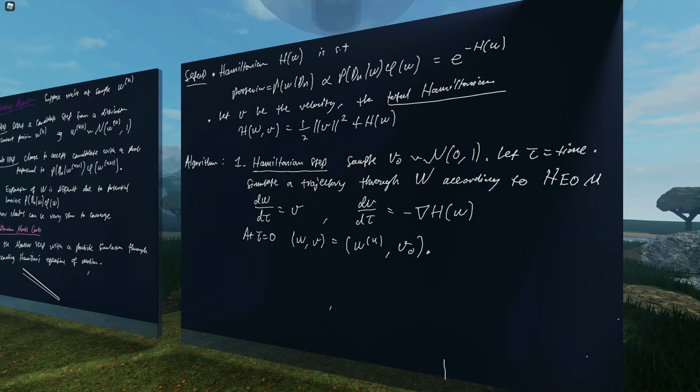We then run the simulation up to some stopping time, tau stop. That might be fixed or it might be dynamically chosen according to the algorithm that you're using. And then we set the candidate new parameter to be where the particle has stopped in its trajectory.